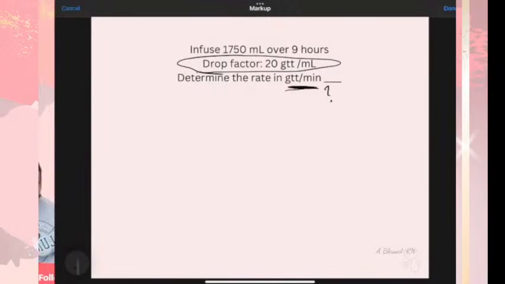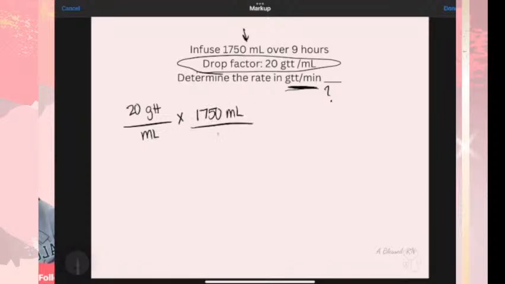All right, so I want my drops on the top, so I'm going to start with my drops. My drop factor is 20 drops per milliliter. Now we go to our milliliters over hour. 1,750 milliliters over 9 hours. So that's going to cross out. Now we have drops per hour. We need drops per minute.